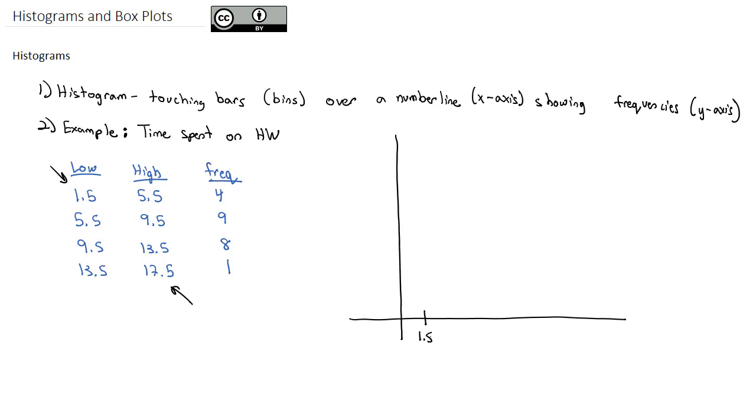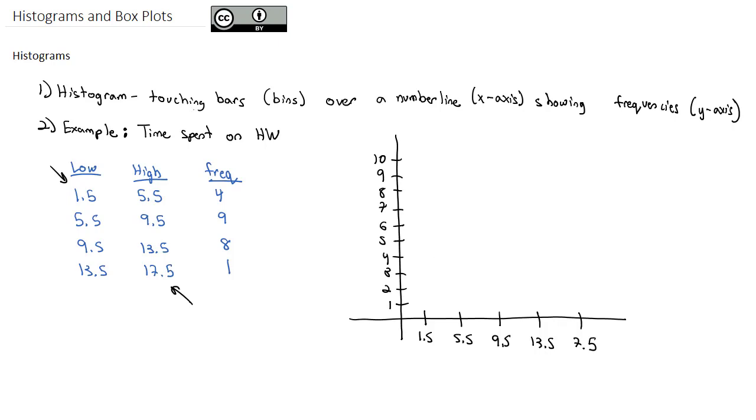So we're going from 1.5 to 5.5 to 9.5 to 13.5 to 17.5. And the y-axis is going to be the frequency that they occur. 1, 2, 3, 4, 5, 6, 7, 8, 9, 10, and so on.